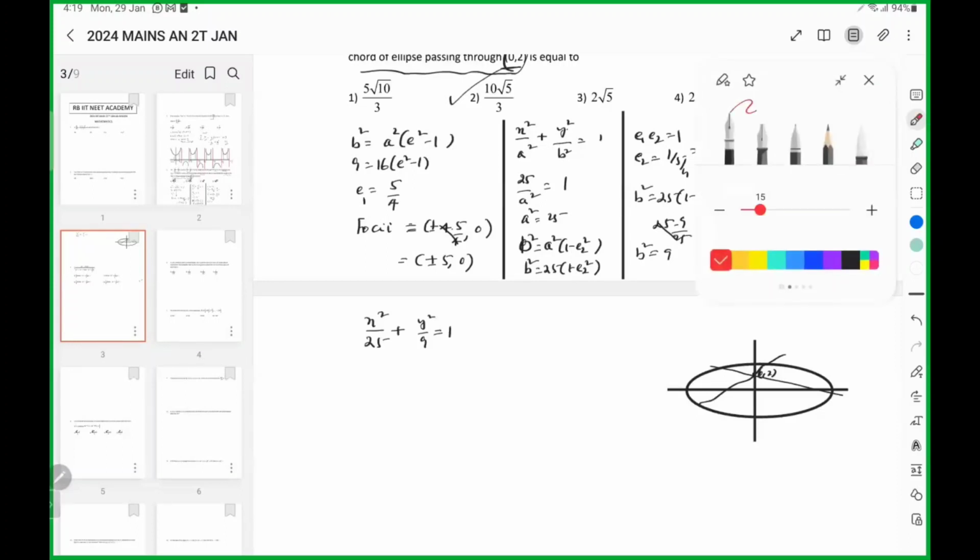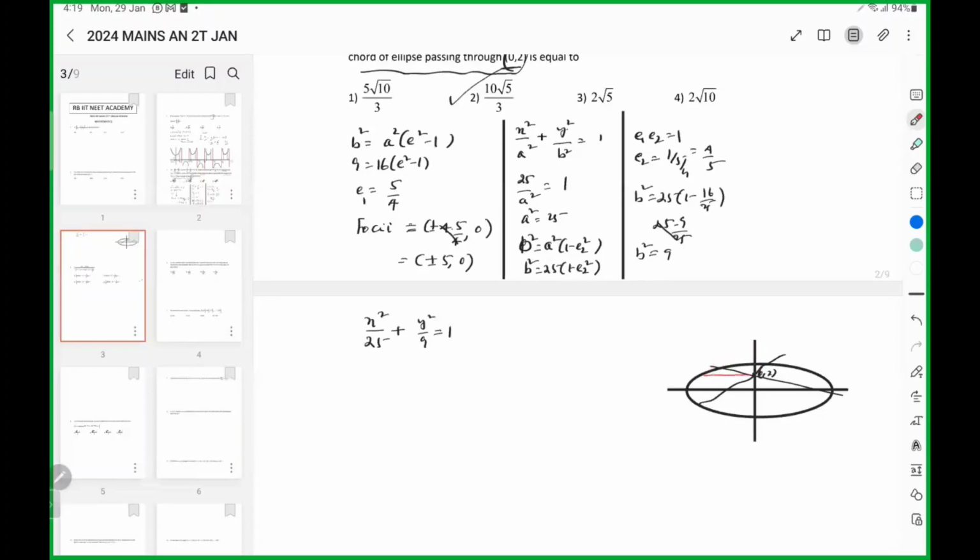So what I suggest is a chord which passes through 0 comma 2 and is parallel to the x-axis, which is a possibility. In such a case, parallel to the x-axis at 2 units, y will be 2. x square will be 25 into 1 minus 4 by 9, which is 125 by 9, so x is plus or minus 5 root 3 by 3.